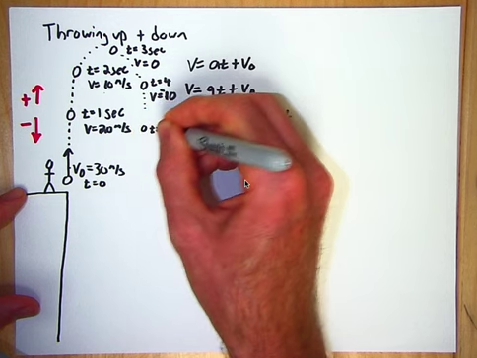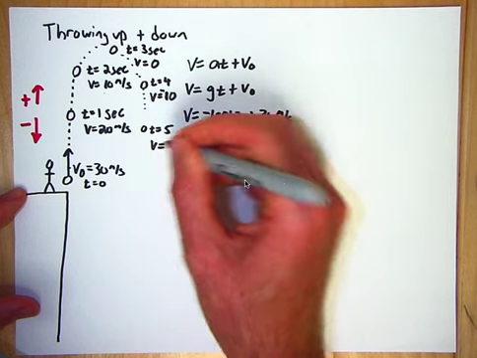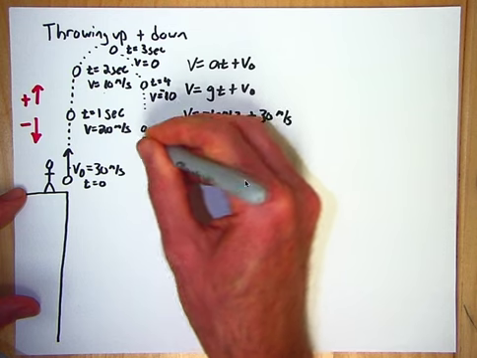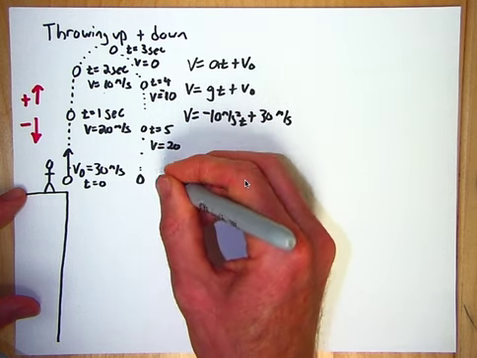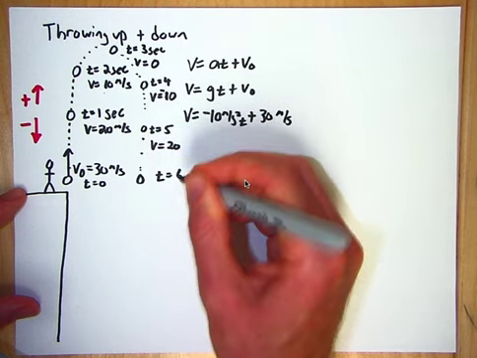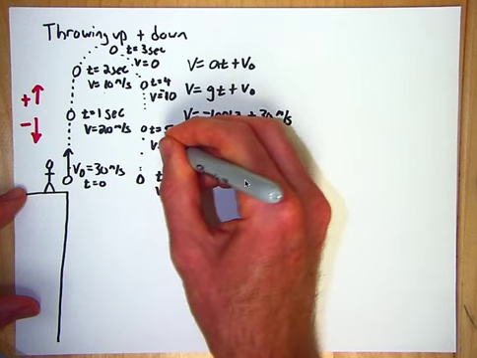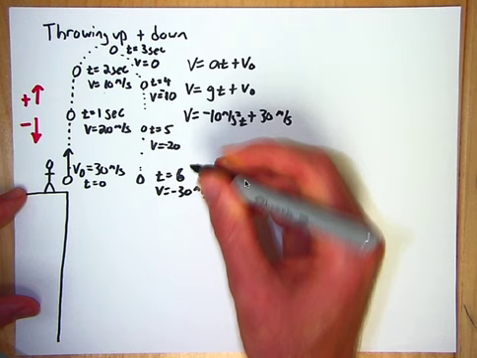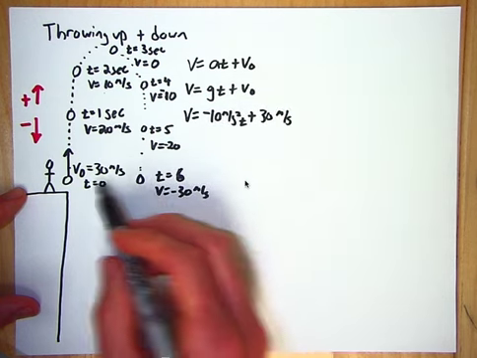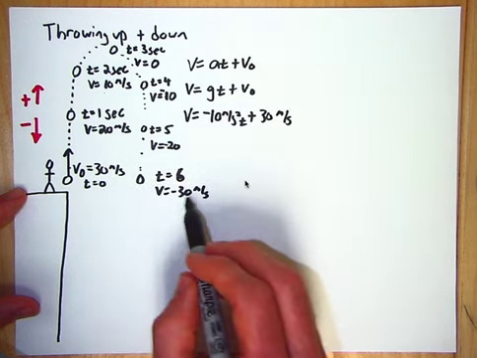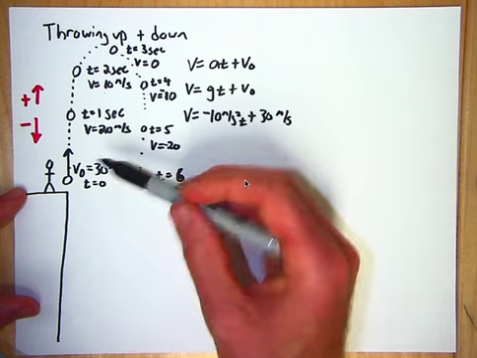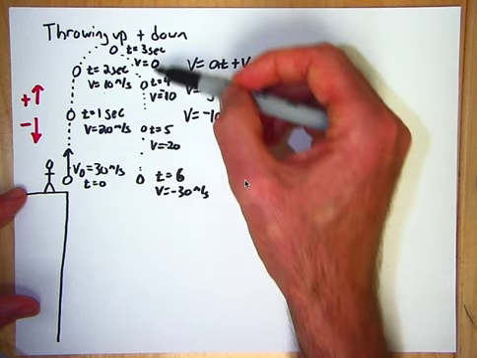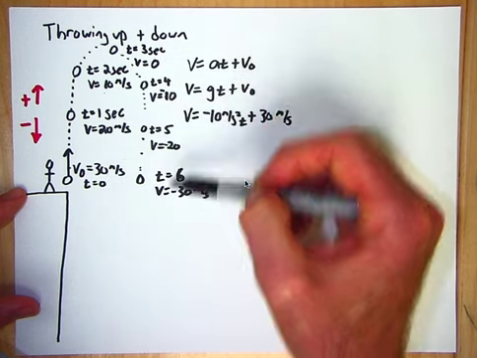t equals 5, v equals negative 20. And the other thing to realize is by the time it gets to 6 seconds right here, oops, sorry, negative 30 meters per second. So by the time we've gotten to 6 seconds, we're back at our original height, and we have the exact opposite velocity. So we go 30, 20, 10, 0, negative 10, negative 20, negative 30.